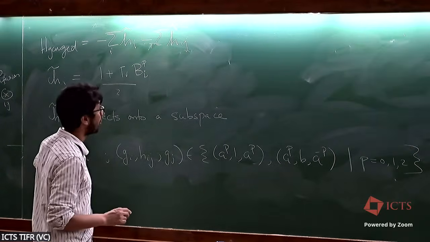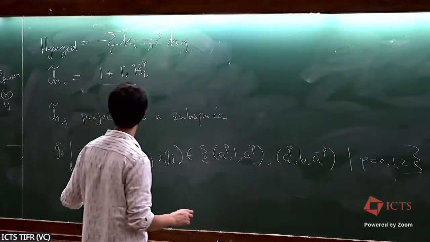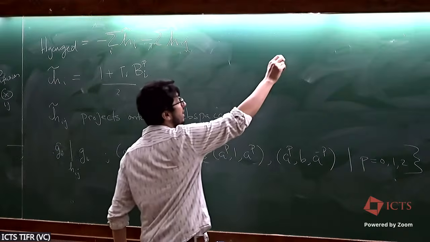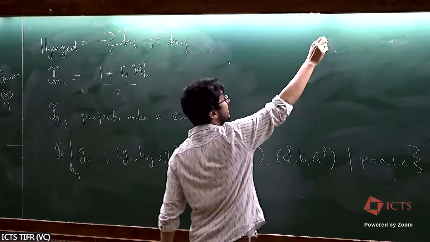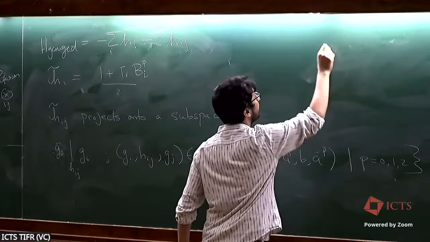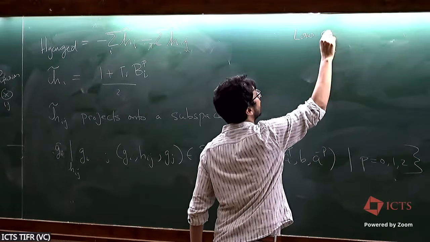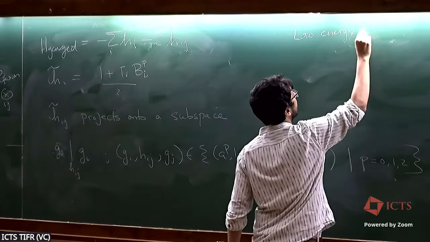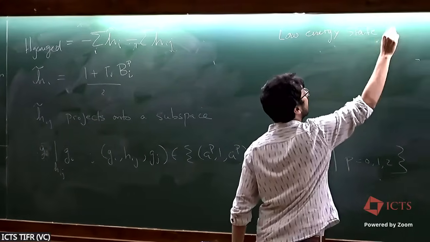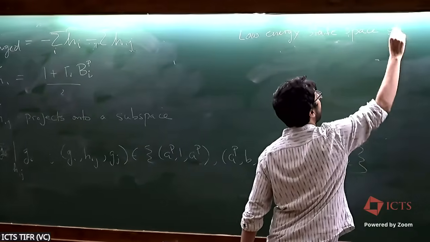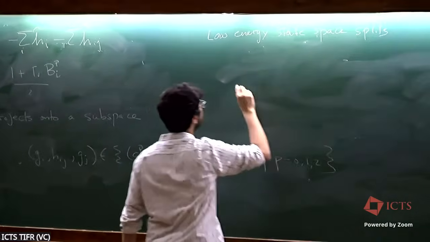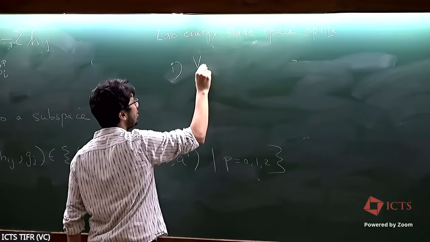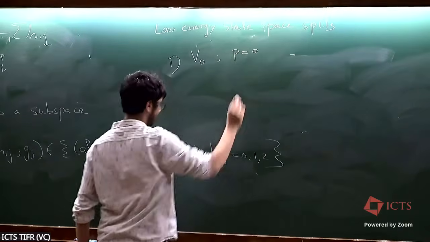So now, the nice thing is that this Hamiltonian can now be solved quite easily, and the low energy state space actually splits into two. It splits into some space V0 for which P is 0.